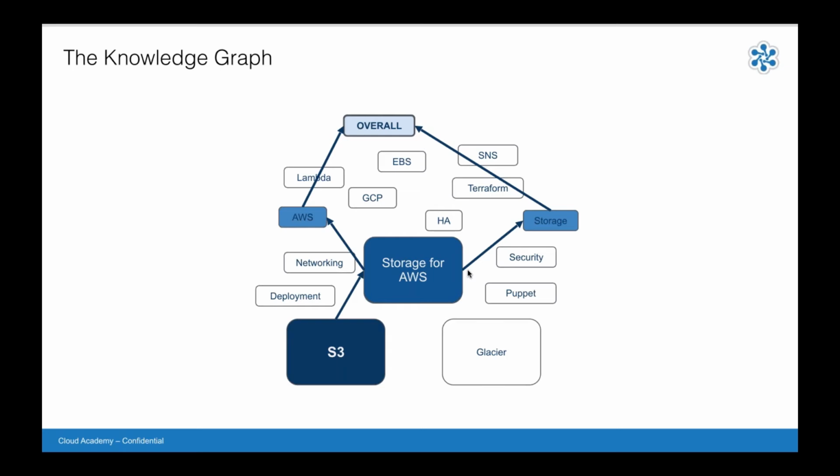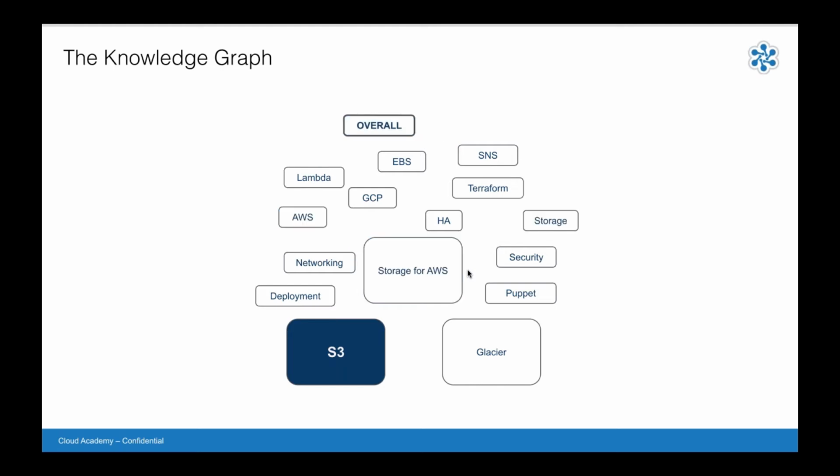A similar example is that you answer S3, and again, using the knowledge of what we have in this graph, we can estimate your score on storage for AWS, but we can also try to make an estimate on Glacier, which is a service of AWS that has storage for AWS as the same parent as S3. Again, with respect to S3, we will have a lower confidence in the score that we provide. But still, it's a way to start giving you a first assessment on skills where you haven't done any assessment so far.